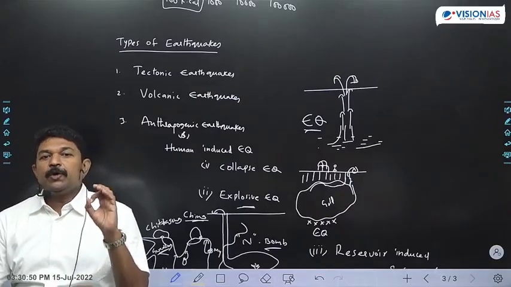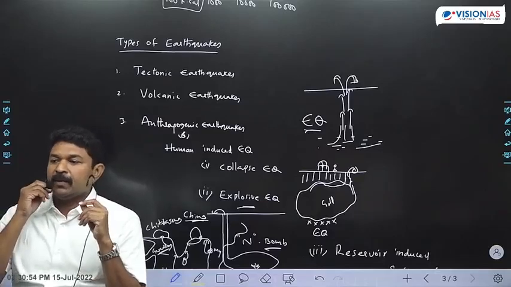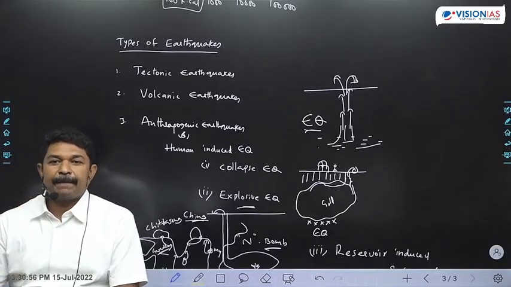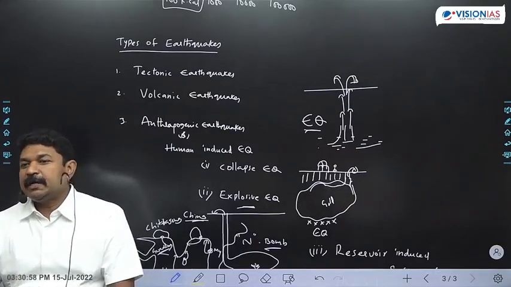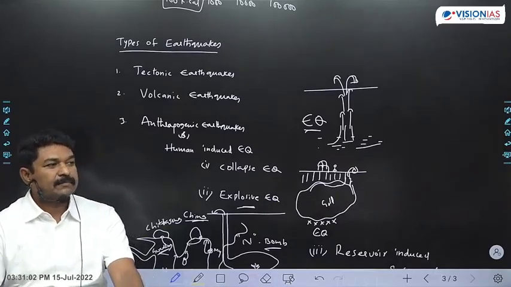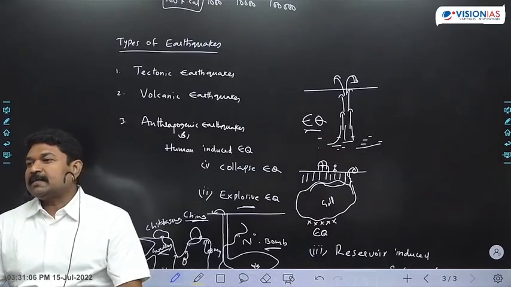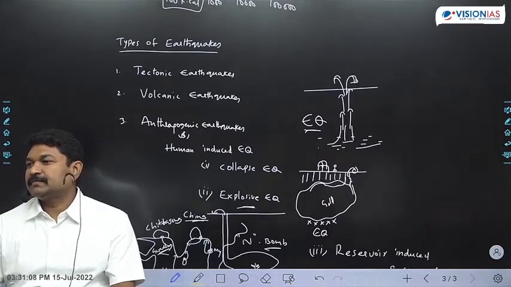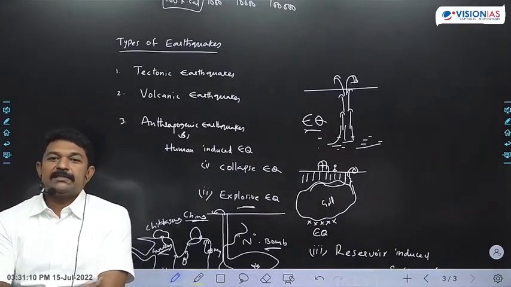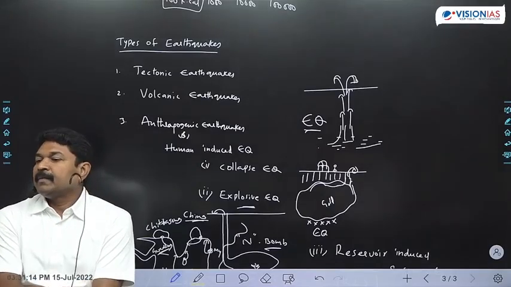Then human induced earthquakes, the third one. Human, H-U-M-A-N. Under this one, number one, collapse earthquakes. This is also called mining earthquake. What is the meaning?